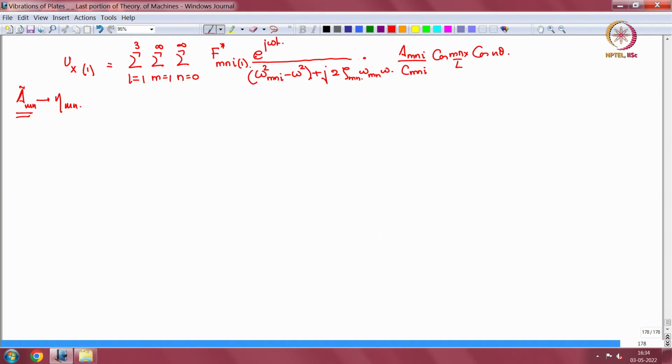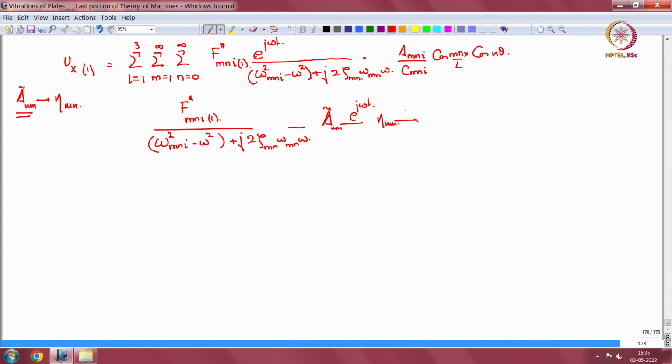Okay, I hope you got the steps. We had f star mni, which we computed on the previous page. If I divide that by omega square mni minus omega square plus j 2 zeta mn omega mn omega, I get my gamma tilde mn. I multiply that by e to the power j omega t, I get my eta mn.